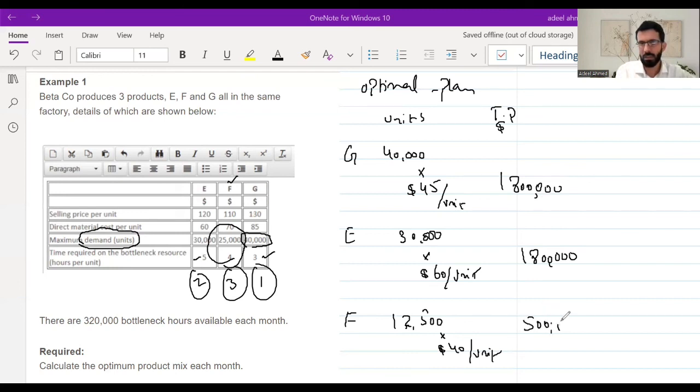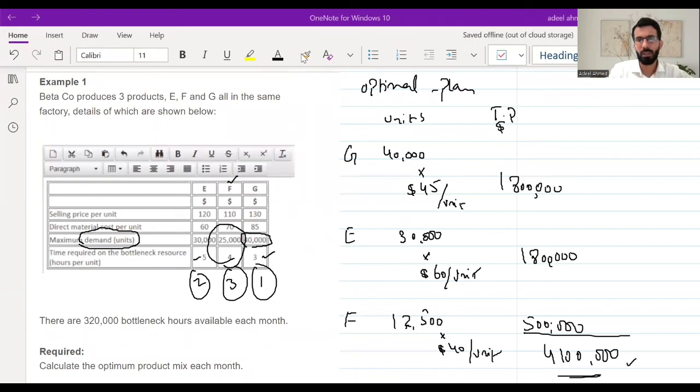So if we will add these up, we will be able to calculate our total throughput, which would turn out to be 4.1 million. Let me just confirm this one, 500,000 plus 1.8 million for each of the other two. So yes, 4.1 million in total is what we will have. If any fixed cost is given, that fixed cost would be subtracted from the 4.1 million to calculate the overall profitability that could be achieved using this optimal production plan.